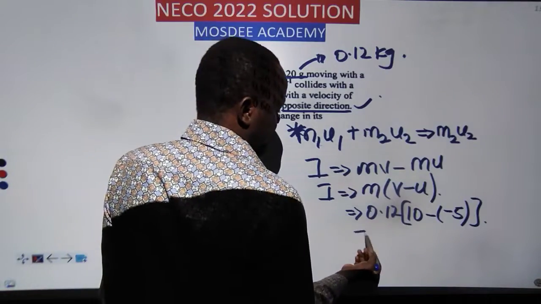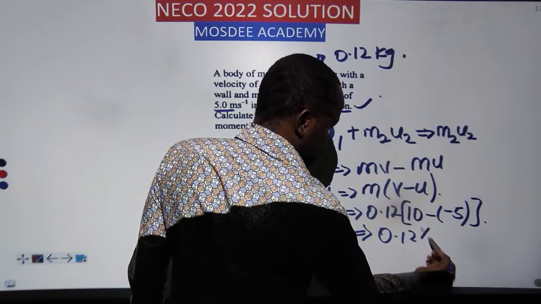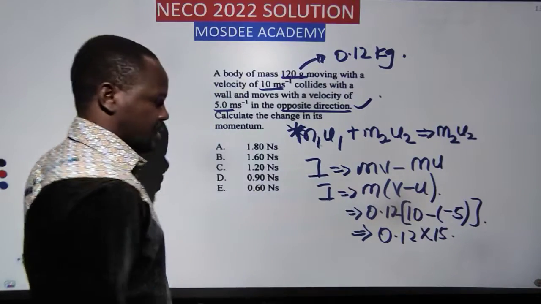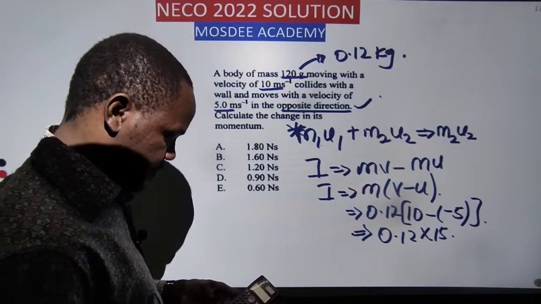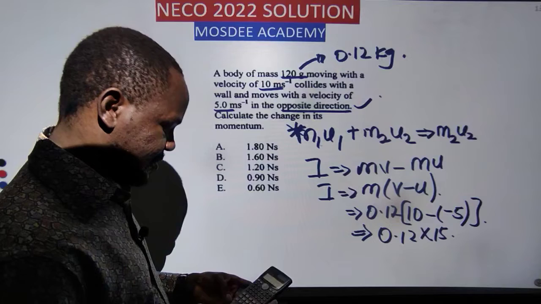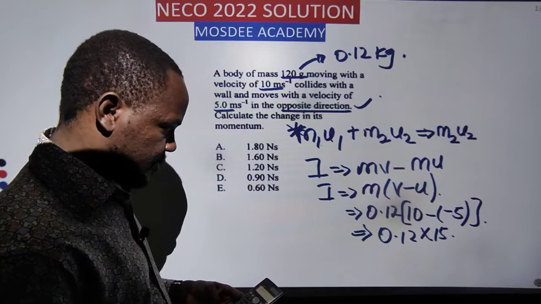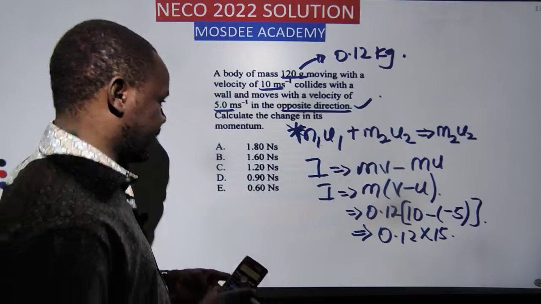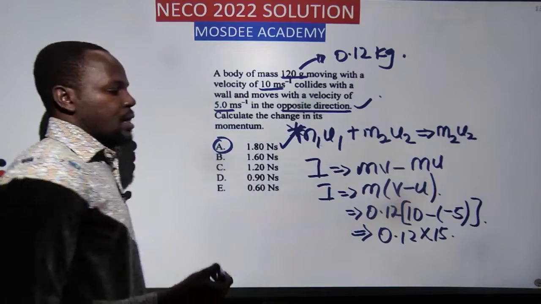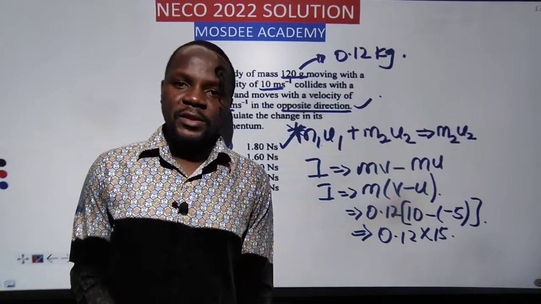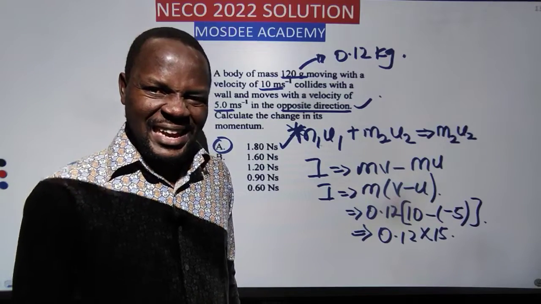So directly I can just say this is 0.12 times 15. 0.12 times 15 is 1.8. Impulse is just a change in momentum, or a subset of linear momentum. Newton second is the unit.